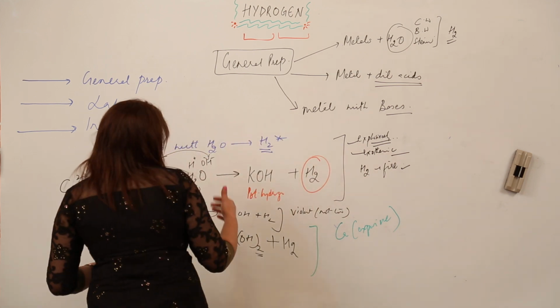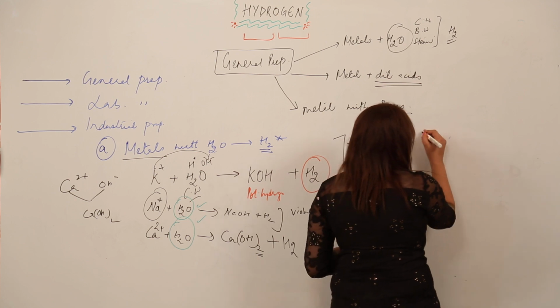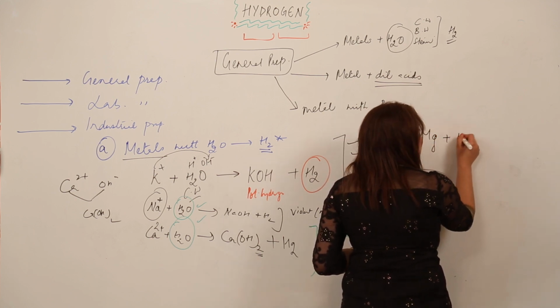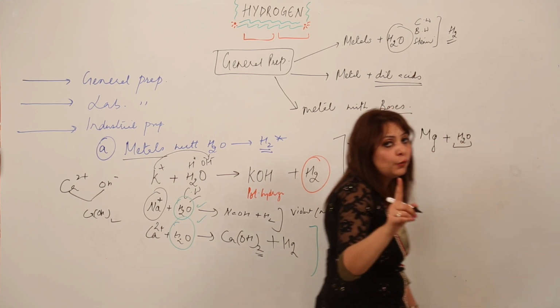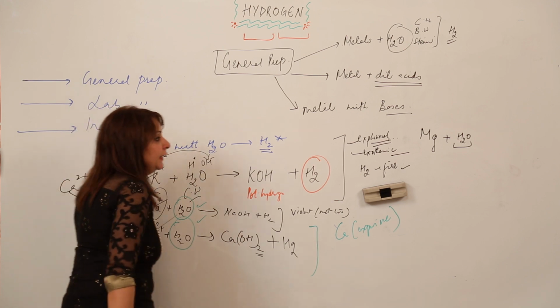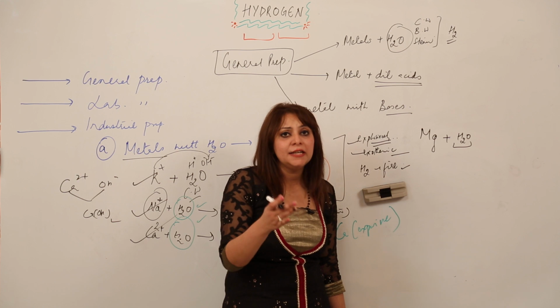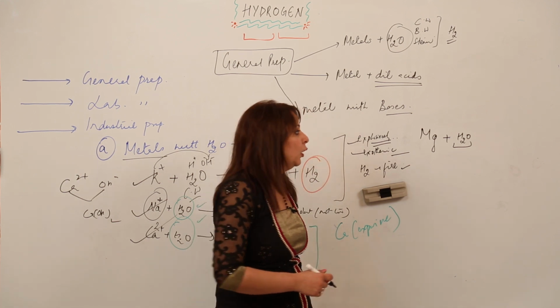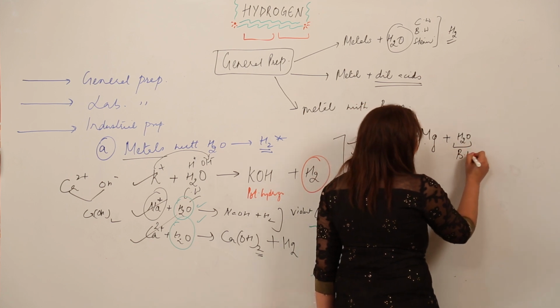We have a few more metals which we can list, like magnesium. Magnesium reacts with water, but it does not react with cold water. Keep in mind, the cold water reactions are only up to potassium, sodium and calcium, right? From magnesium onward, the reaction with water is decreasing, the affinity is decreasing. If we want magnesium to react with water, we need boiling water.